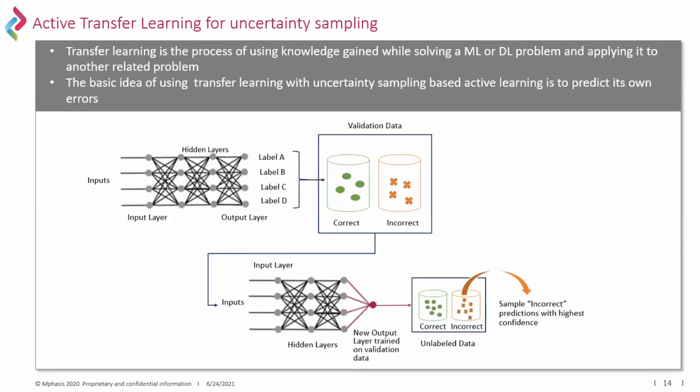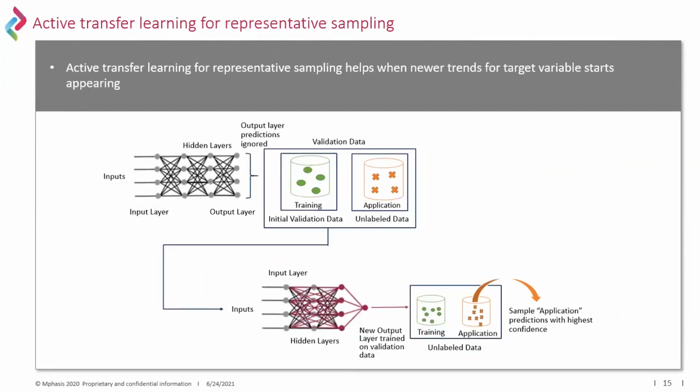Then we have the next algorithm, that is active transfer learning with representative sampling. As discussed earlier, representative sampling is used when the output variable changes over time. Let us understand it using an example. Suppose initially the deep learning model is trained only on news headlines of business and entertainment category data, and the validation data also has a similar distribution.